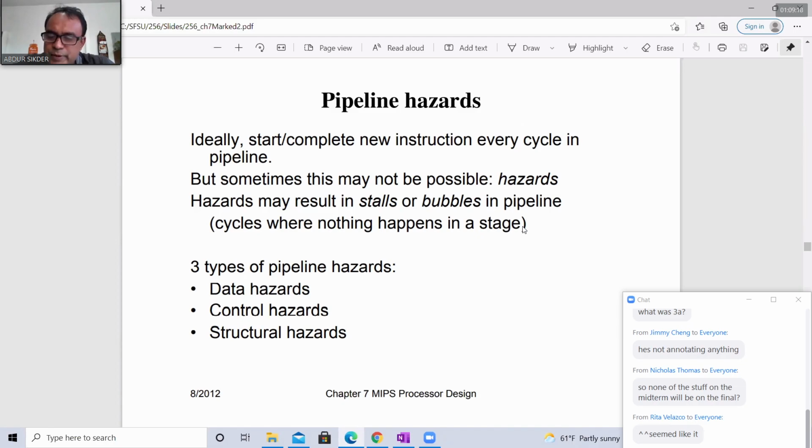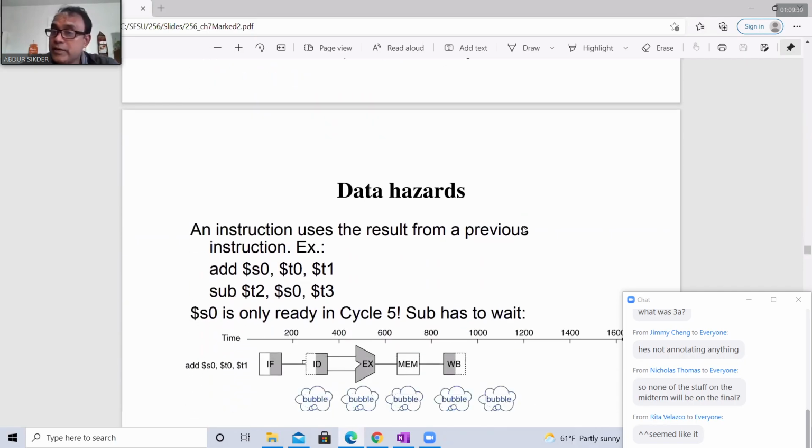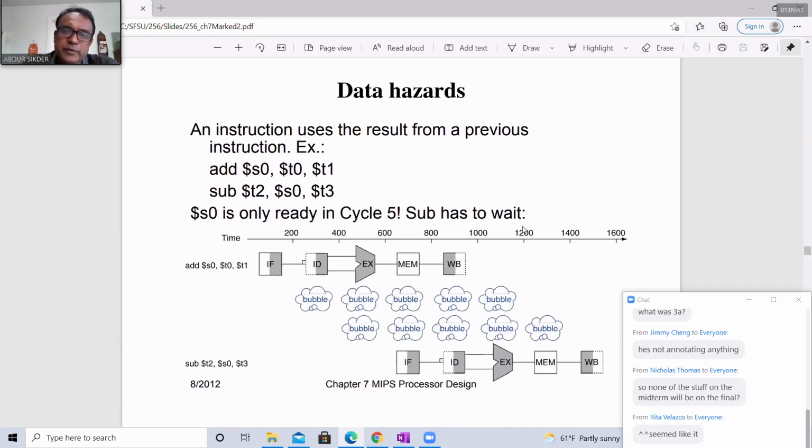Maybe you're waiting for something to be done to start on a process, but that thing is delayed for some reason, and then you cannot process the second step. So you have to wait. You need to remember these 3 types of pipeline hazard. They will come in the test, maybe in the final.